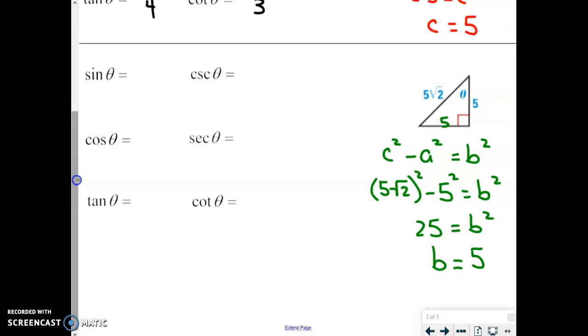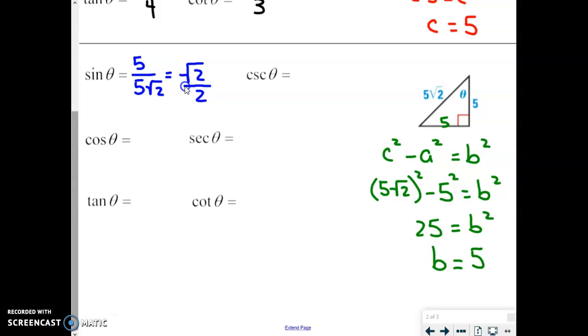So in this case, the first one, the sine of theta, is the opposite over the hypotenuse, which would be 5 over 5 square roots of 2, which again, if you remember back to basic algebra, we are going to have to simplify that down by rationalizing the denominator, which would give us our final answer here of 5 square roots of 2 over 5, or simply the square root of 2 over 2.